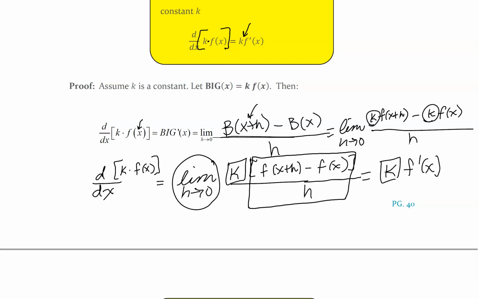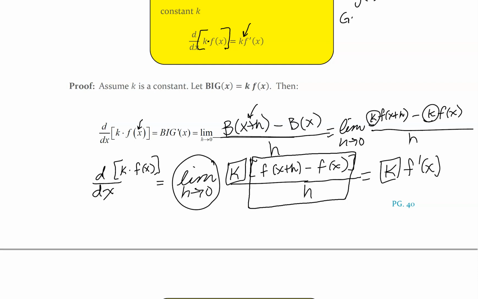Let's say g of x is 5 multiplied by f of x.